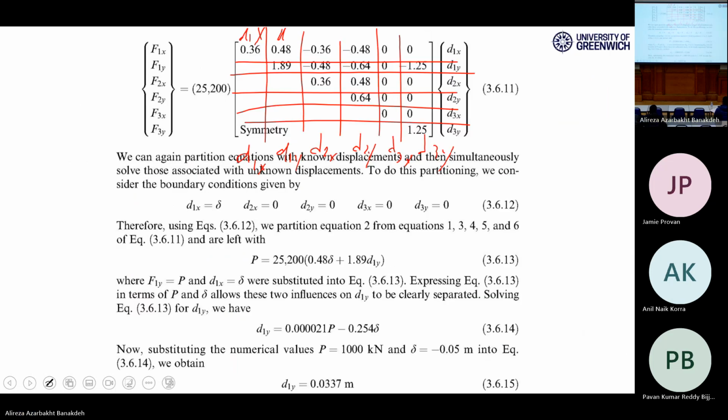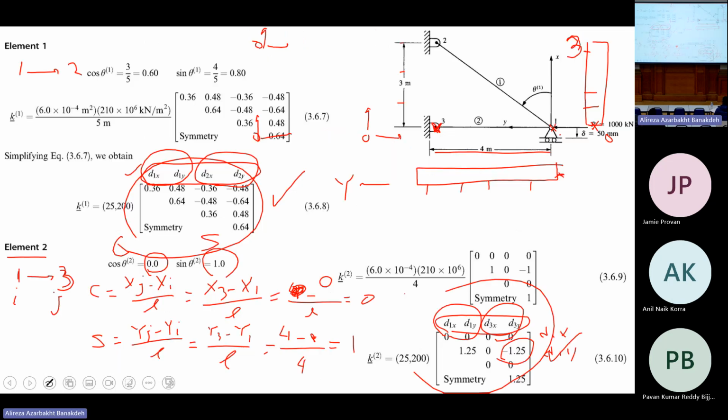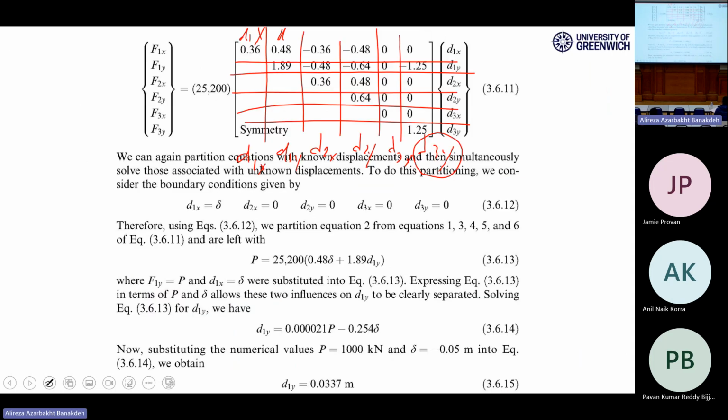The column D3y, which is this one, and D1y means the row number... no, the row number... This is column D3y, and row D1y.